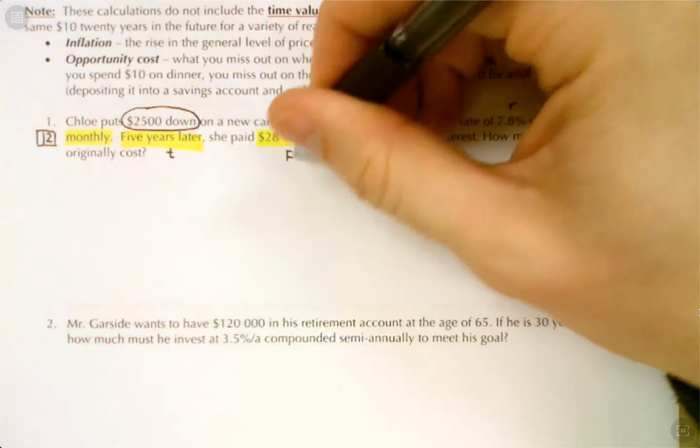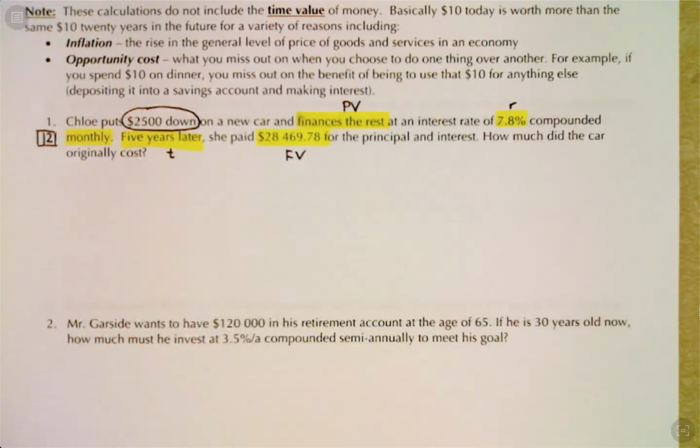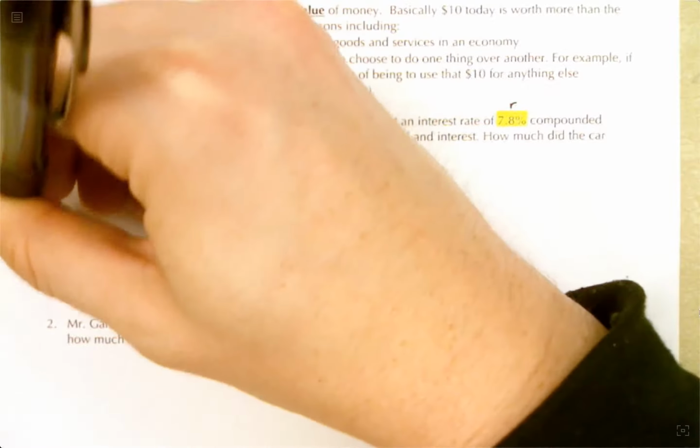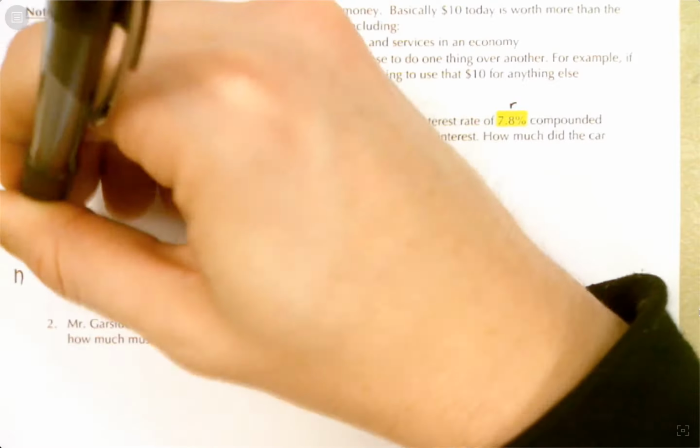That's the future value. How much did the car originally cost? The original cost, that's the PV. So in order to use the equation, we need to know I, N, and the future value. Well, we know a few of those things, so I'm just going to write future value, I, and N.